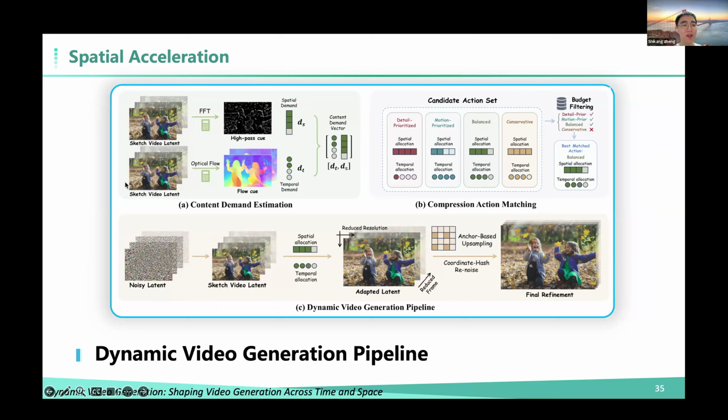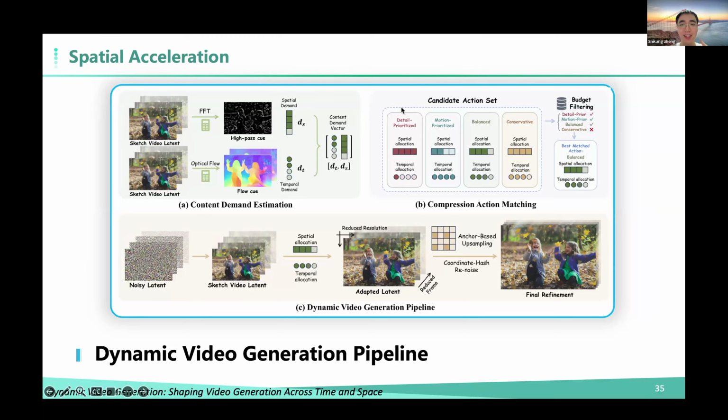And then we use this sketch video latent to approximate how much spatial and temporal demand it needs. For example, for this video, it requires a larger spatial demand than its temporal demand. And then we try to find the best solver for this video.